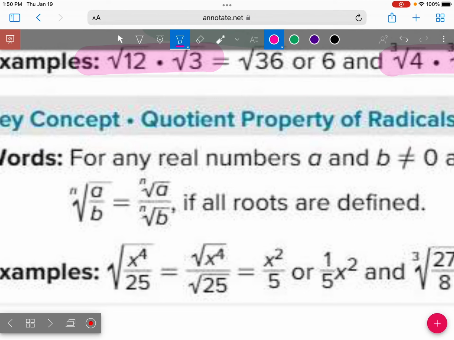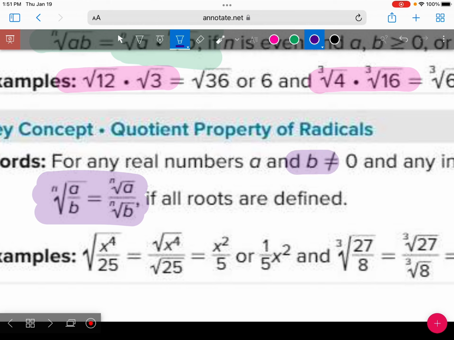Down here, this is the really important part to notice: the nth root of some fraction, we can split that up into the nth root of the top divided by the nth root of the bottom. Now there's one thing. The nth root of the bottom, aka b in this instance, can never be 0, because we can never divide by 0. So take note of that.